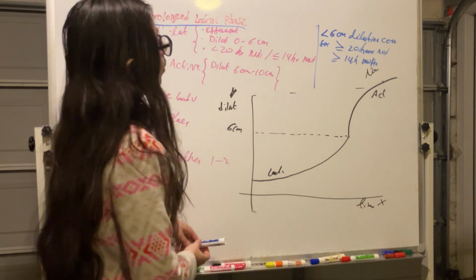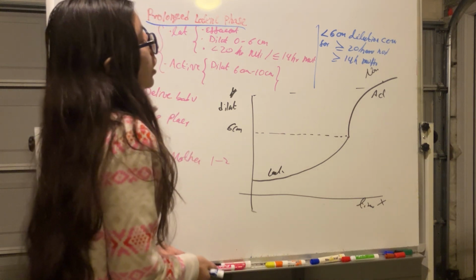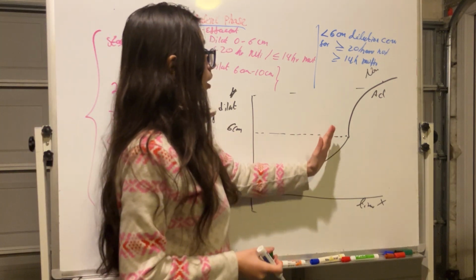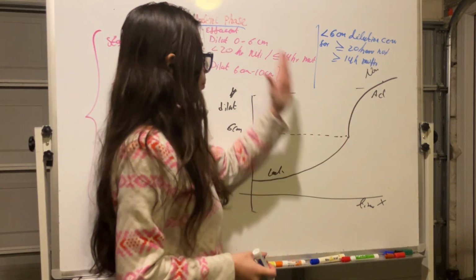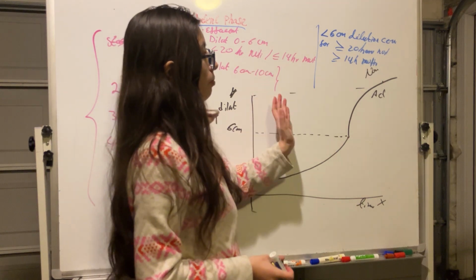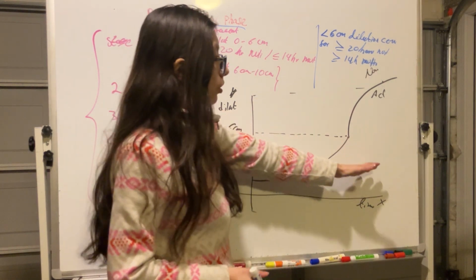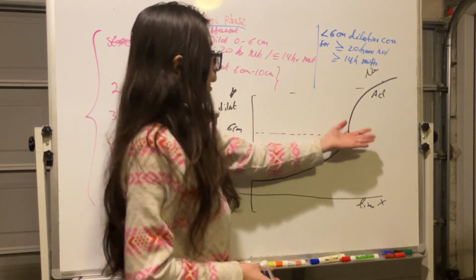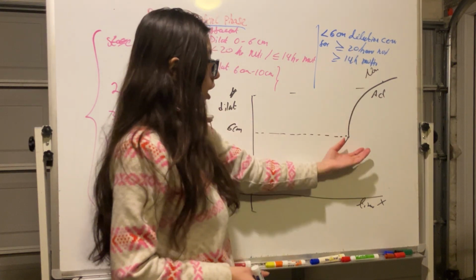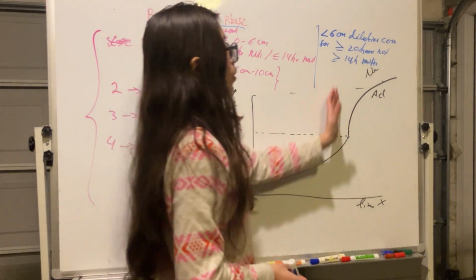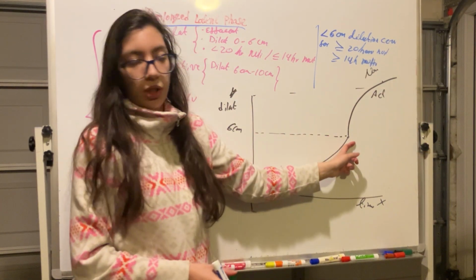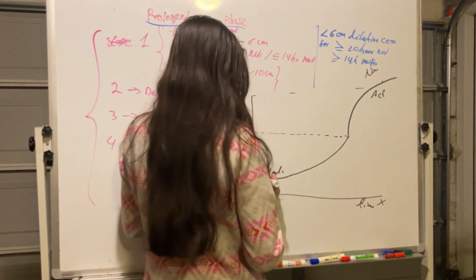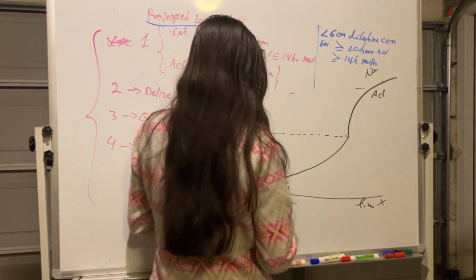And now let's graph if we have prolonged latent phase. That means that the threshold point from latent to active phase is prolonged. So instead of arriving at this point in less than 20 or 14 hours, it's going to take us longer than this time to get to this point. So the graph is going to be something like this.